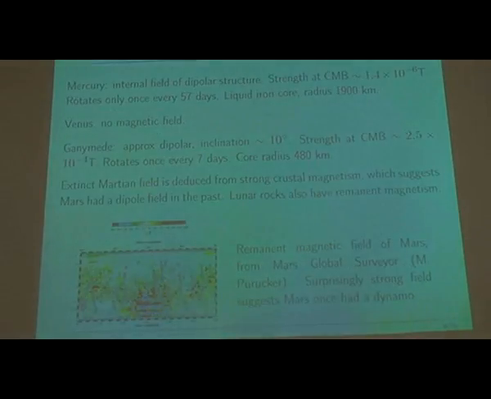Okay, now we're moving outwards a bit in the solar system. Mercury has a magnetic field that was measured quite a long time ago, when the first probe went in 1976. There's actually a Messenger probe there right now, remeasuring the magnetic field of Mercury.